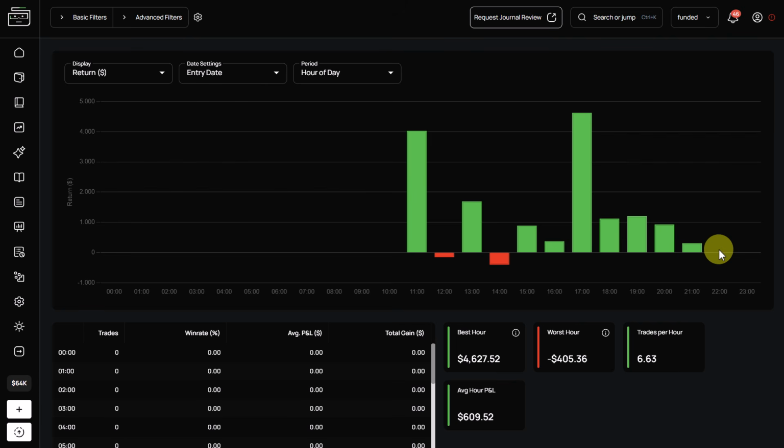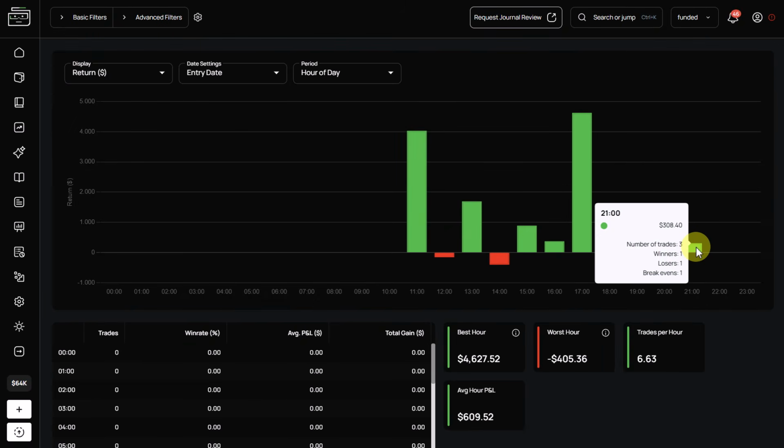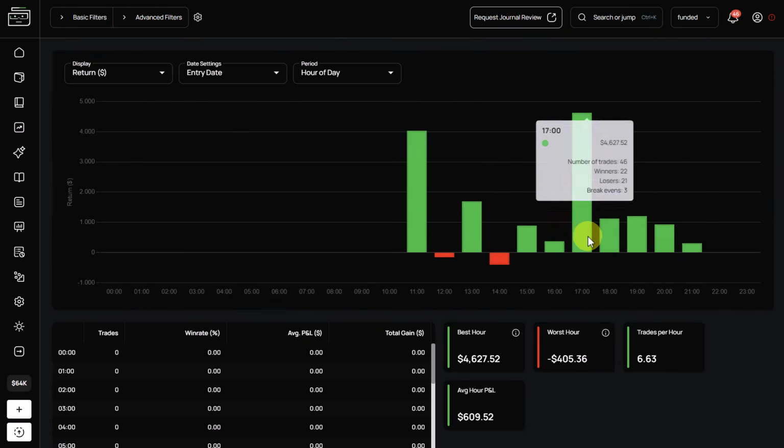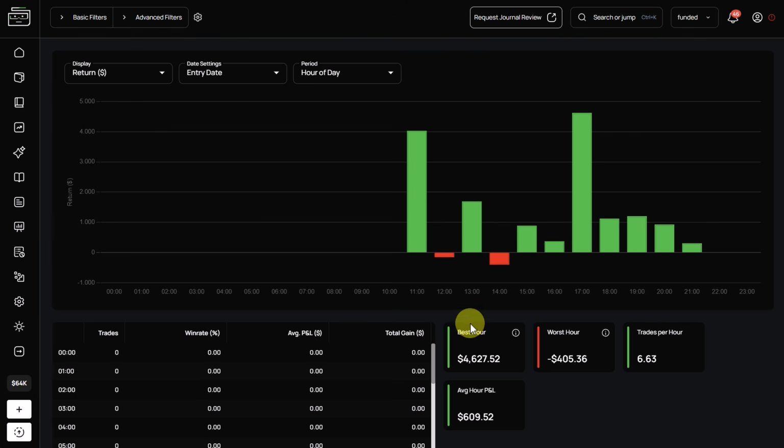You could think about further analyzing the hours between 6 p.m. and 9 p.m., and why they are not performing as well, although there are quite a lot of trades in this 6 p.m. window. We could analyze this deeper later to see why the performance is dropping off.